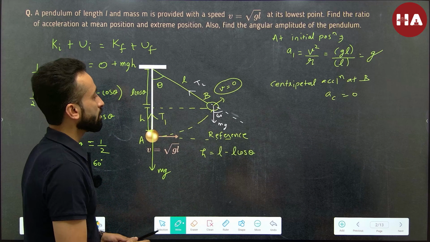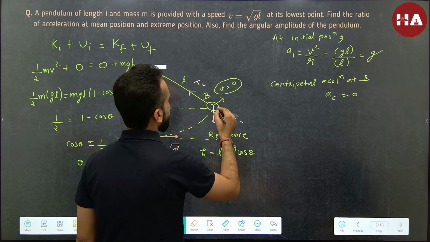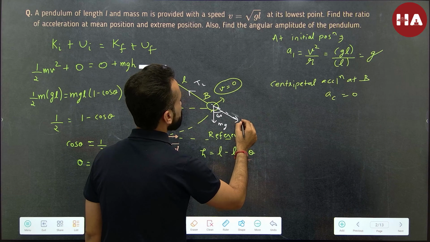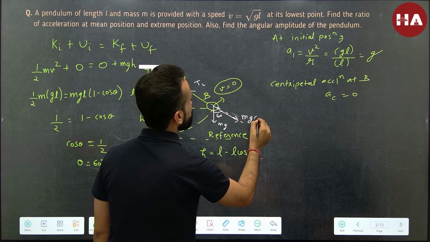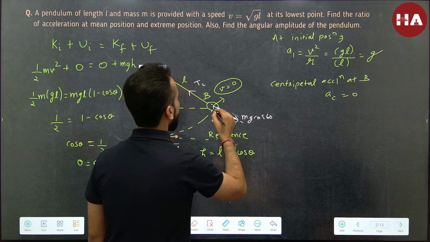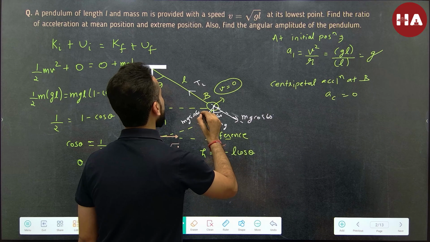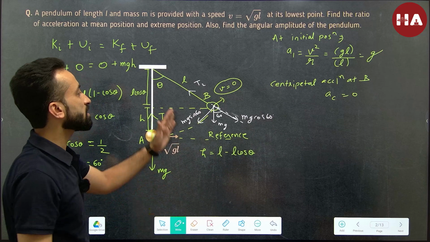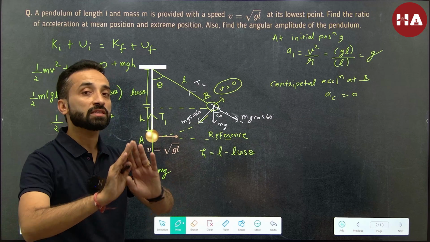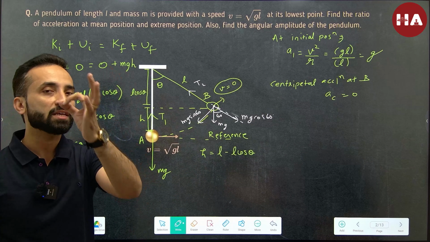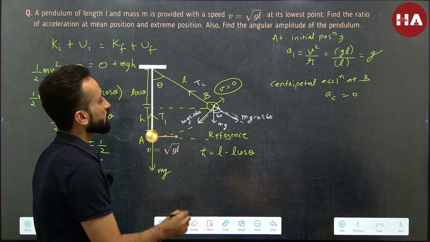Yes. Why? Because if we draw the free body diagram and we resolve mg, this is going to be mg cos 60 and this is going to be mg sin 60. Agreed that these two will provide the necessary centripetal force, which in this case is 0 because v is 0. But what about this?